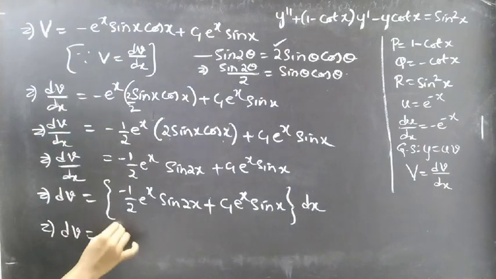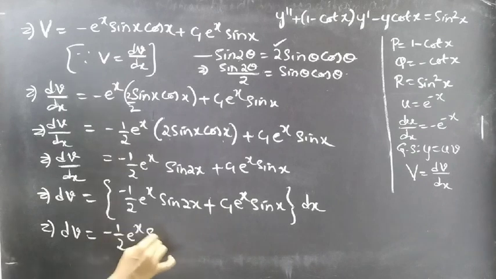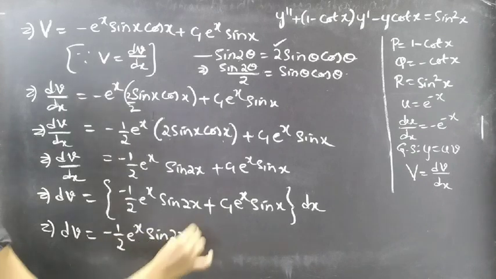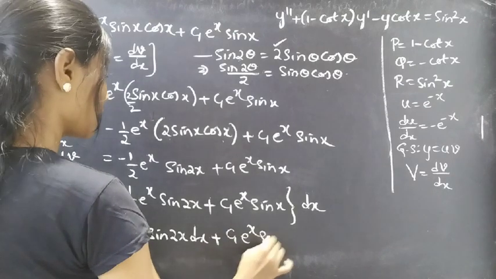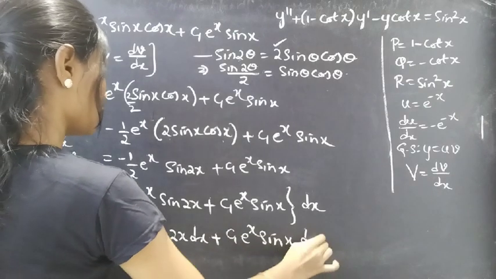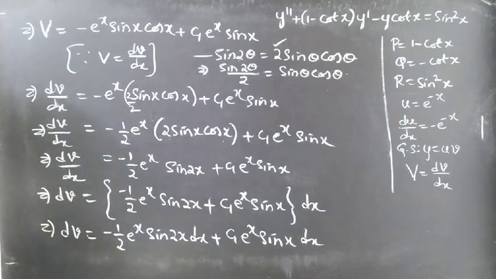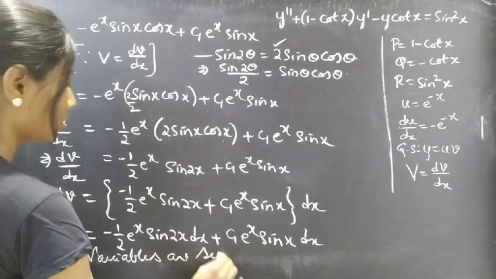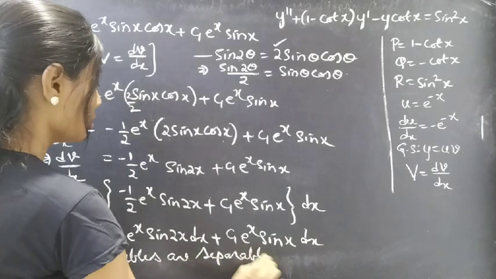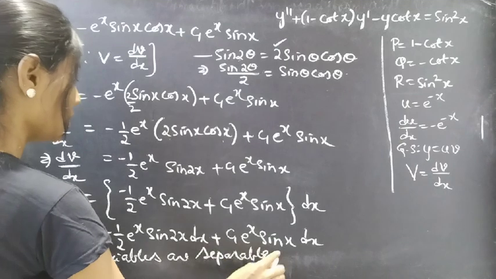Then dv equals minus 1 by 2 e power x sin 2x dx plus c1 e power x sin x dx. The variables are separable. So now we can perform integration.